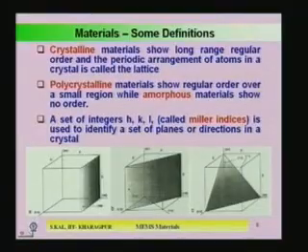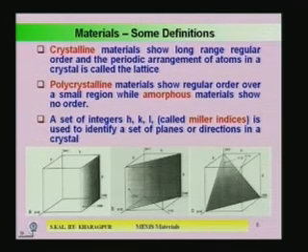So, there are 3 kinds of material: crystalline, polycrystalline and amorphous. There is a difference between crystal and polycrystal, crystal and amorphous material, and amorphous and polycrystal. You should not confuse yourself between polycrystalline and amorphous.